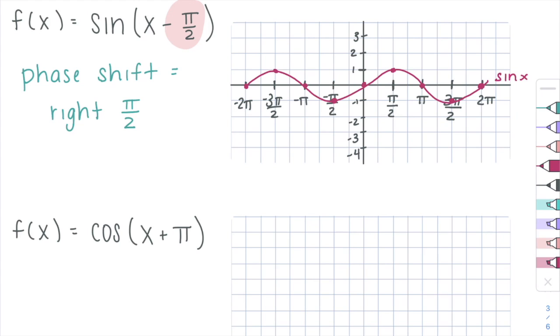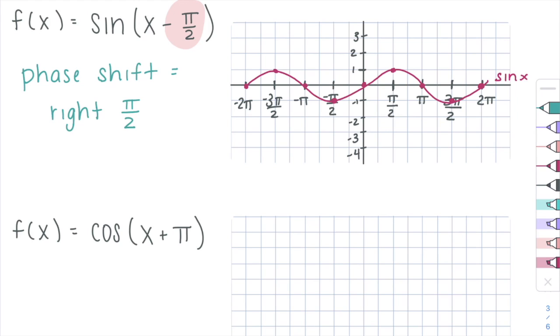But now I want to take that entire graph and I want to move it to the right pi over 2. So that means every single point on my graph is going to move right pi over 2. So the point that was here is now moving here. So I'm going to take each point and move it forward pi over 2.